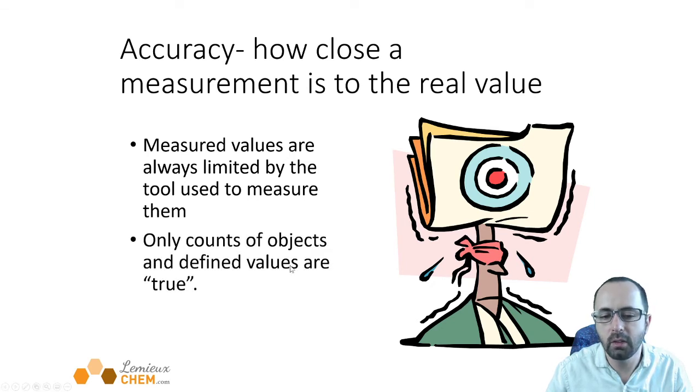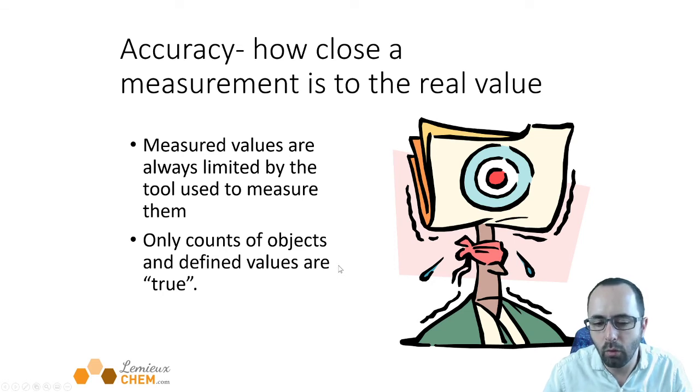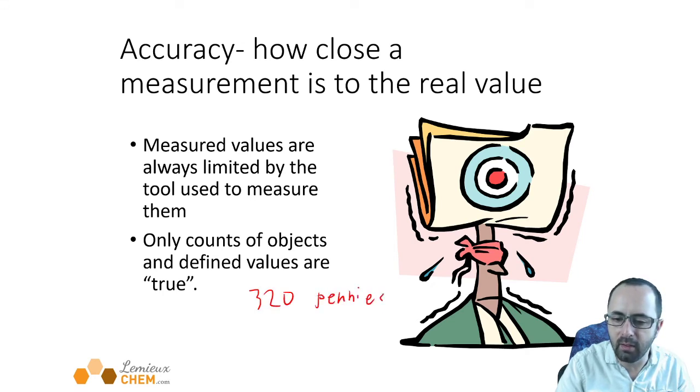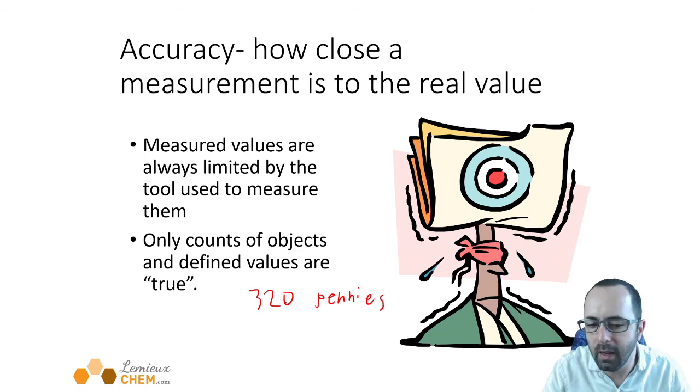There are certain things that count as true values. In terms of measurements, there's only one type of measurement that's exact, and that is counting things. So if you count things one by one, and there can't be a partial one, like how many pennies, if you say 320 pennies, this is exactly 320 because you can't have a half a penny.